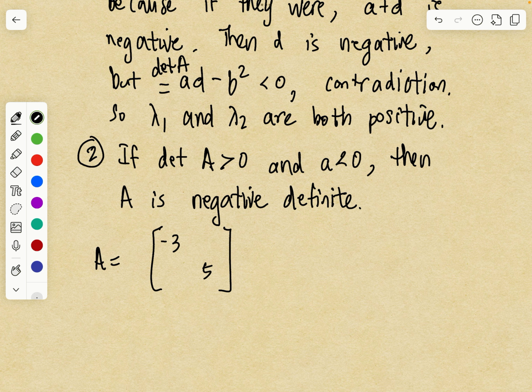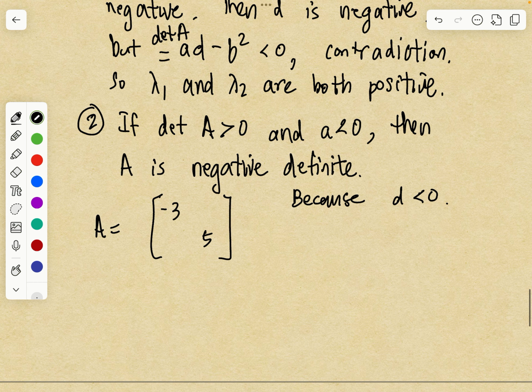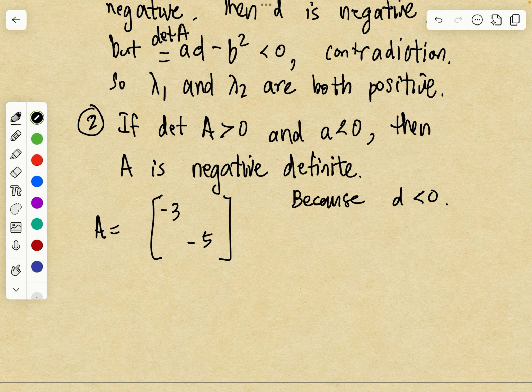Okay, so let's just explain why. Because D must be negative, if the determinant is positive, and if D is negative, then A plus D is negative, right?